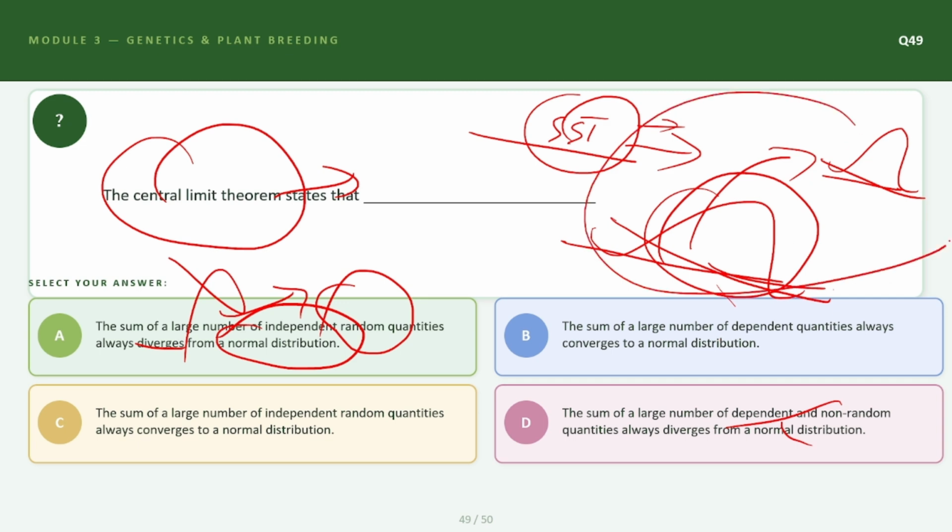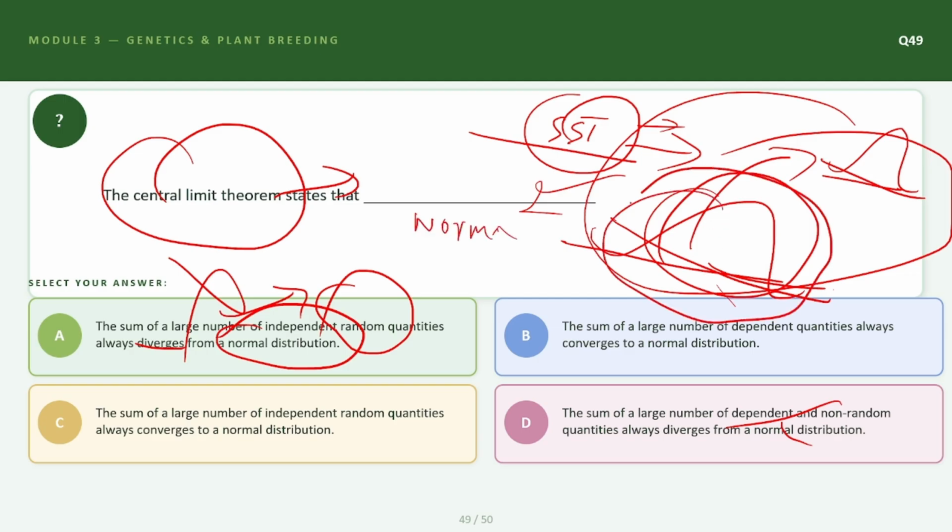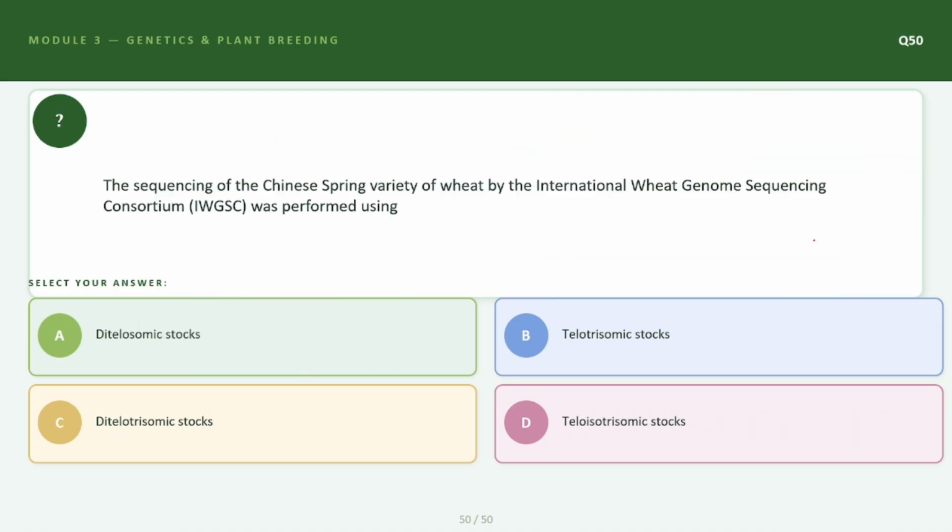All the analysis we are doing is based on this assumption, the normality. It means if you're sampling randomly from a large data set that follows normal distribution, that sample also follows the normal distribution. This is only the central limit theorem. If you know that concept, you can easily answer.